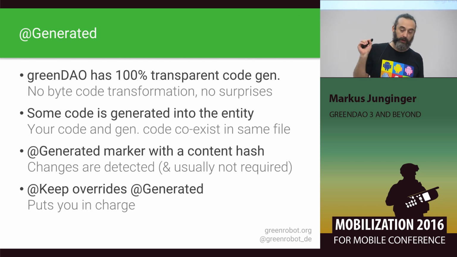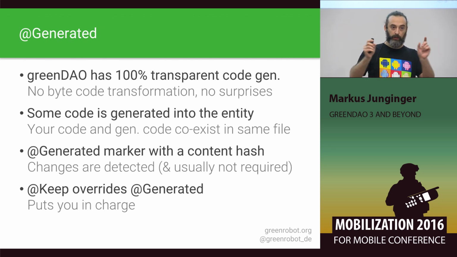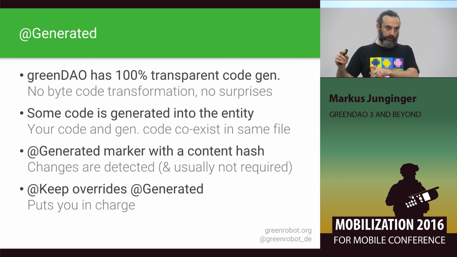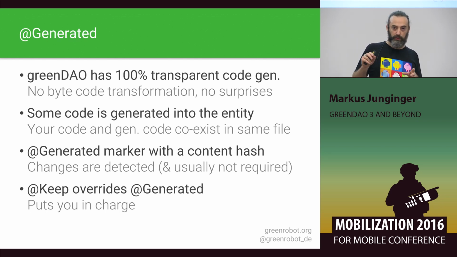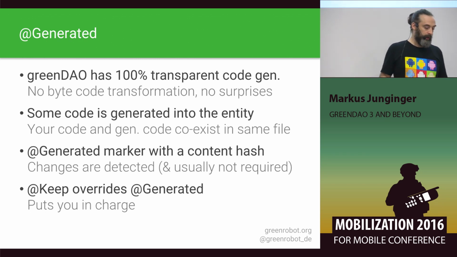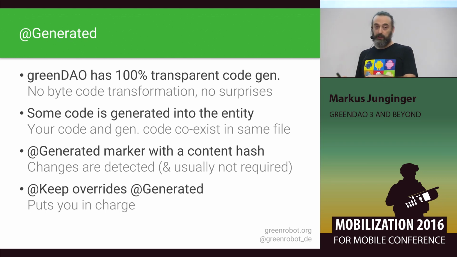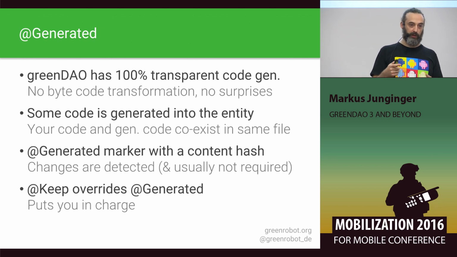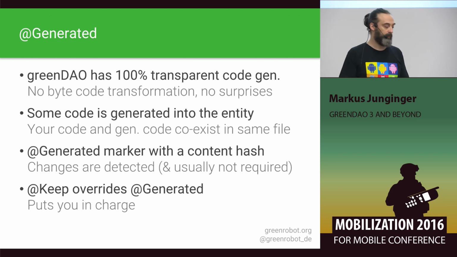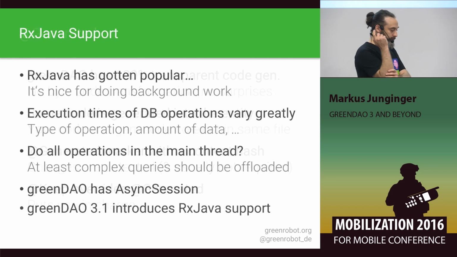It will be marked with a Generated tag and also some hash, so greenDAO knows whether you changed that code. If you, for example, accidentally change something in the generated code, it will complain. It won't overwrite your code, but it will say, please fix this. So this is very safe, and you don't lose any code. If you're very sure what you're doing, you can override generated code and put a Keep annotation on it instead of Generated.